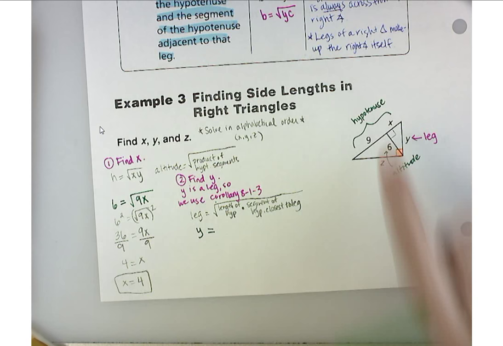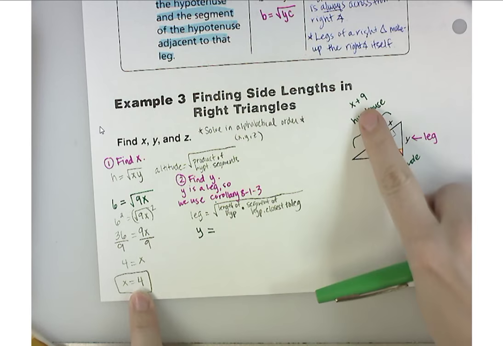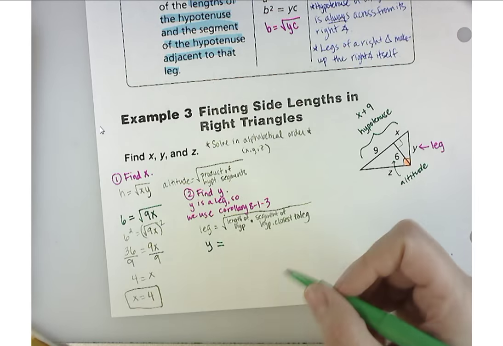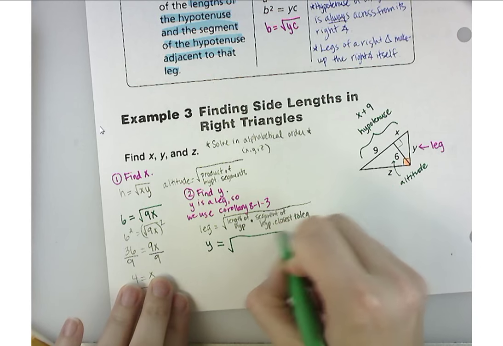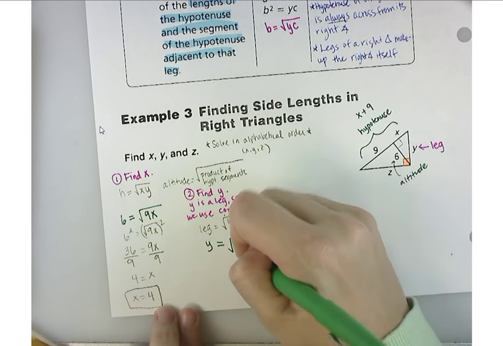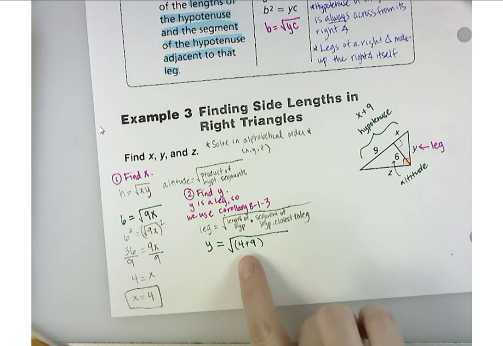Okay, yes, so you knew that x was 4, right? Because your hypotenuse is x plus 9. So if you know that x is 4, x plus 9 is going to be what? 13. Right? So when you're plugging that in, I'm going to plug it in as 4 plus 9 first, just so you can see where that's coming from.